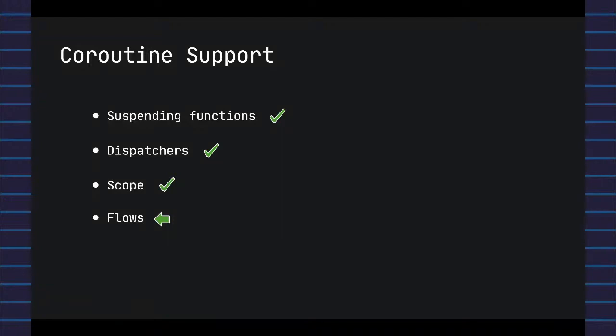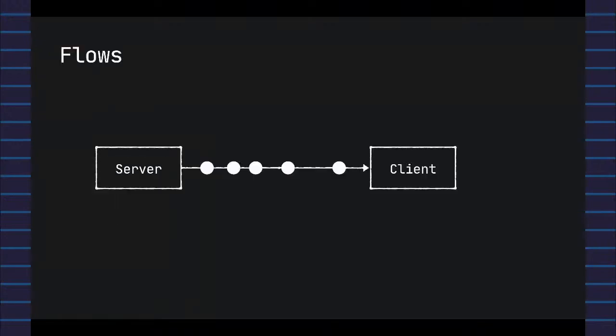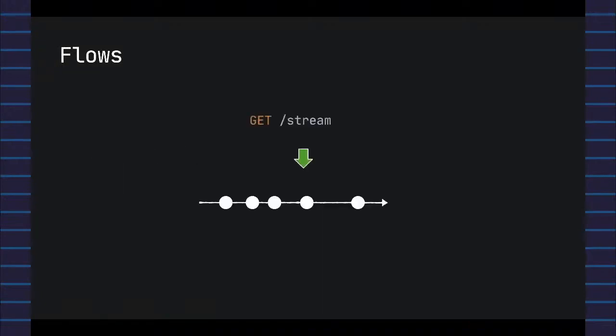So how do you set that up? Suppose you have a server and you want to emit a series of items to the client. You could create an endpoint like this. Here's a simple example. Suppose on the back end you had the stream endpoint the client would hit, which gives you a flow.